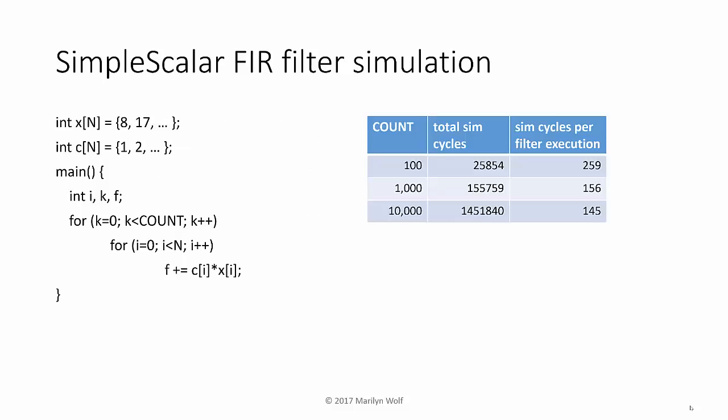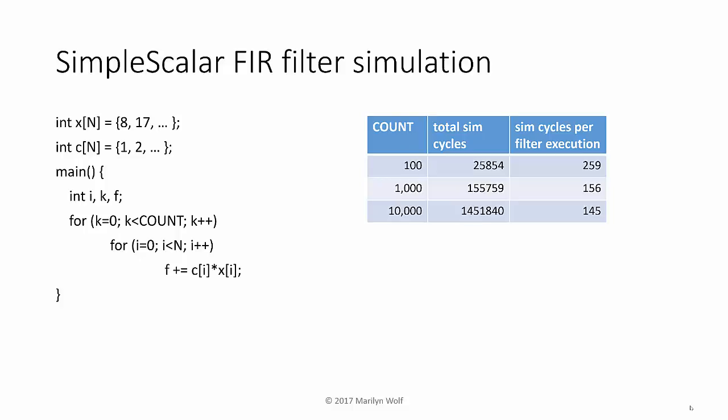SimpleScalar is a widely used CPU simulator. Here is a test program we use to simulate the execution time of our FIR filter using SimpleScalar. The inner loop of this code is the FIR filter itself. The outer loop executes the FIR filter several times repeatedly. That's required in order to help us take into account the overhead associated with running the simulator.